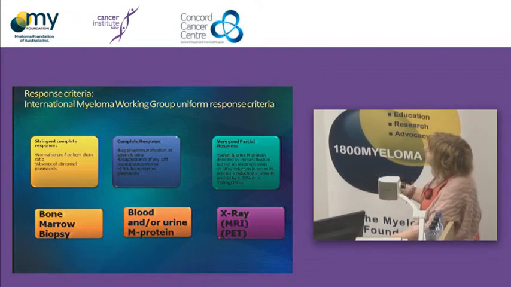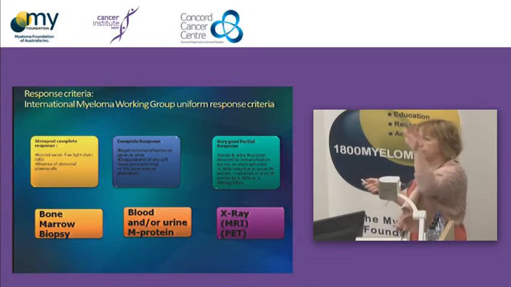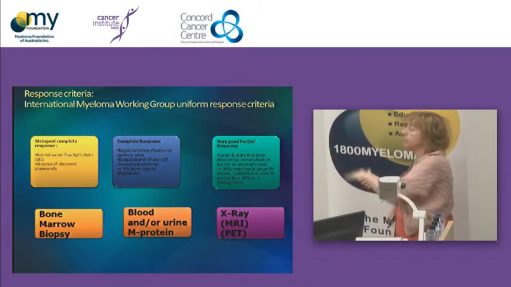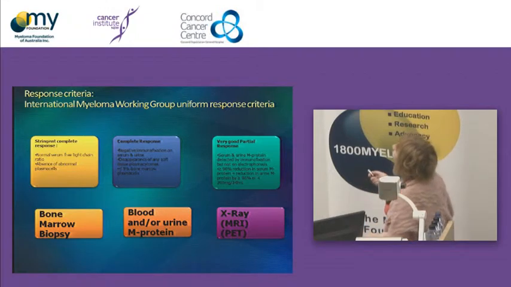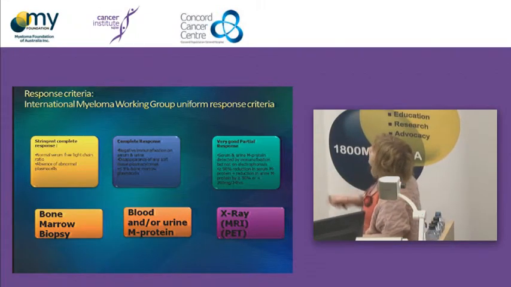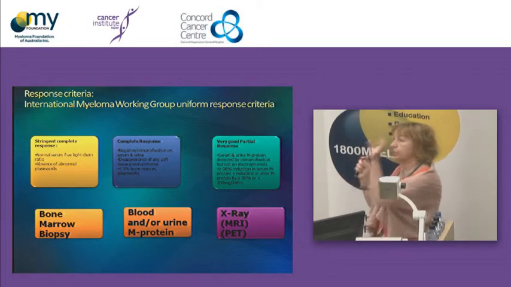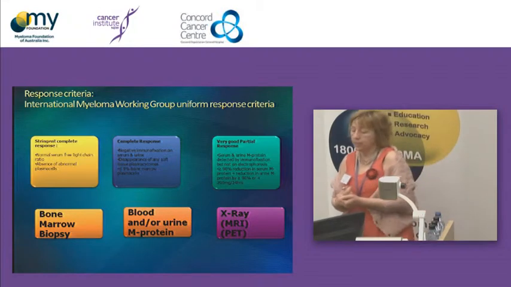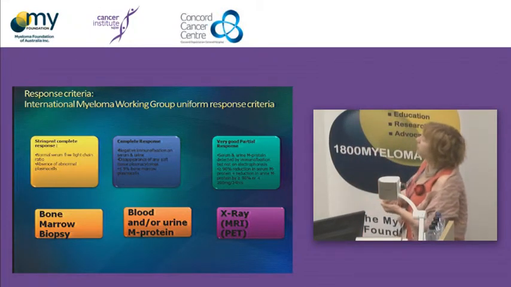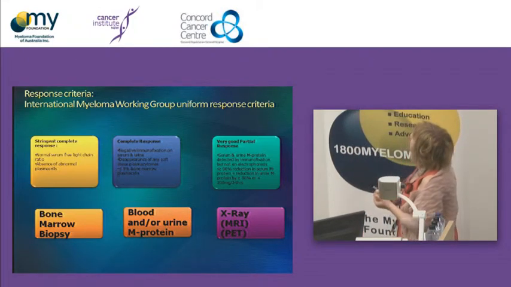The other is we look in the blood and the urine for the presence of the M protein, to see if it has decreased and if it stays low in a stable manner. We also do X-rays to see, if the patient had bone disease, whether the bone disease is being reabsorbed and there is no more evidence.